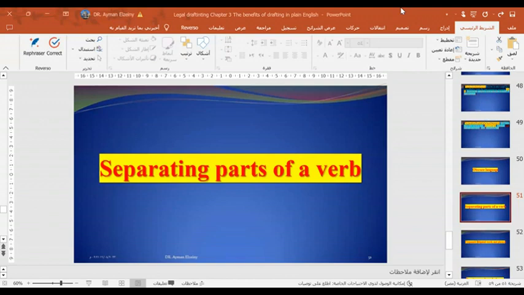Also, we discussed that overuse of shall is a consequence of overusage of the verb shall.